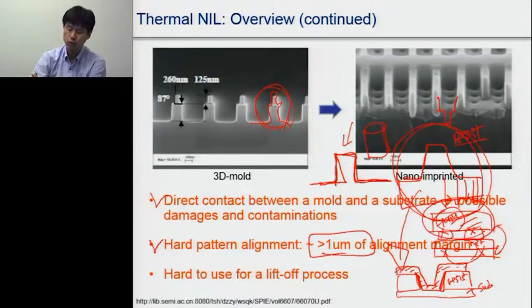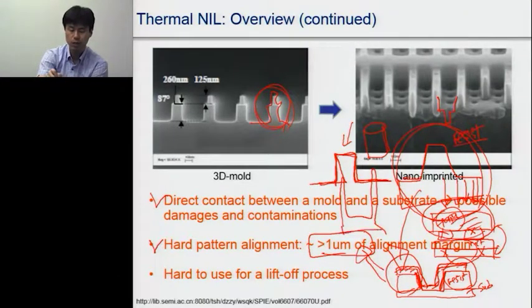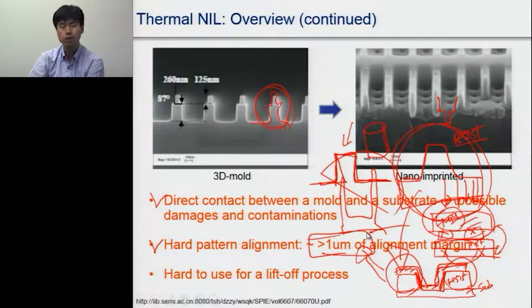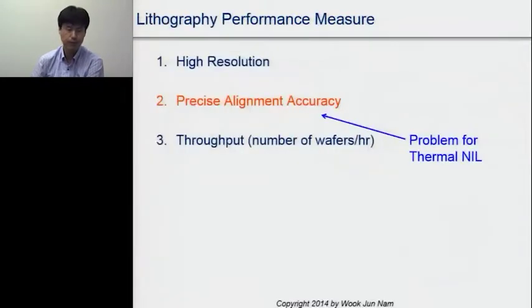So when we remove this area during the following lift-off process, the films are all continuous. So it most likely ends up forming this kind of radial structure. So this thermal nano imprinting process is not good for a lift-off process as well.